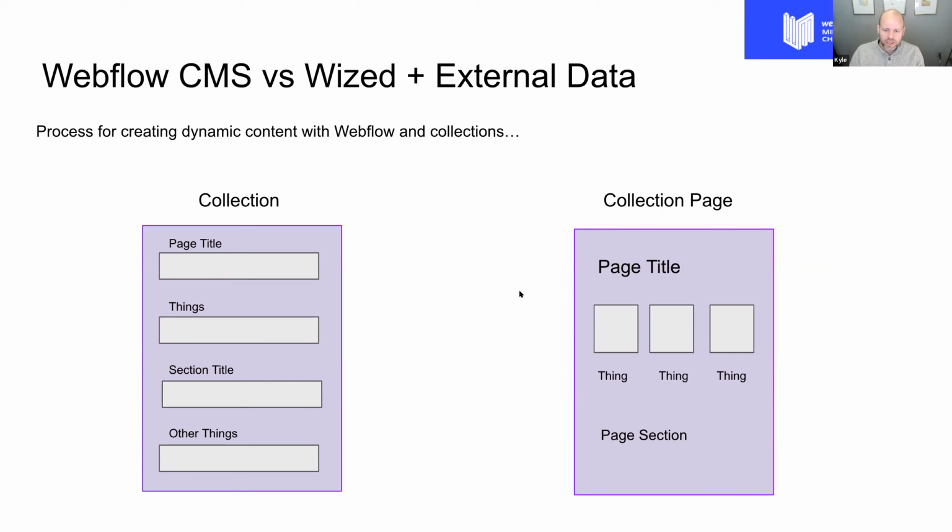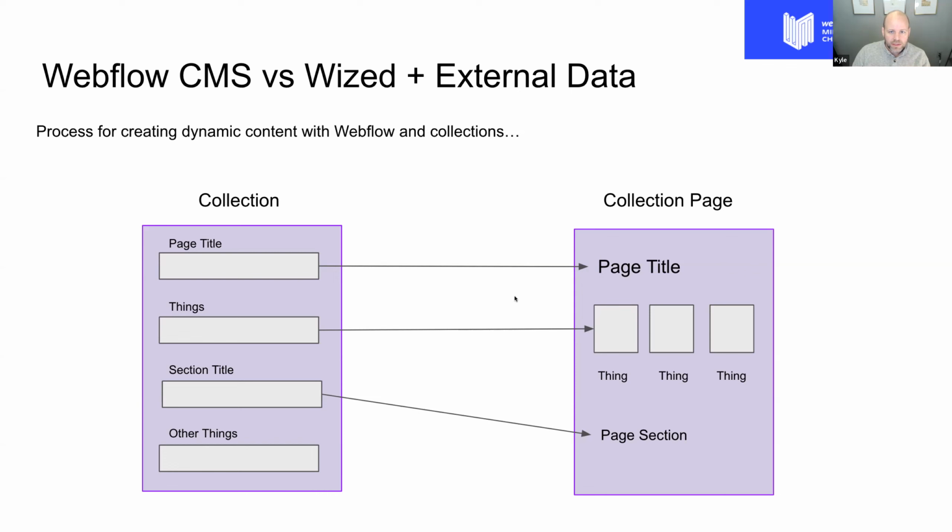Through the little gear, you map it to which collection it is, and then which field in the collection. And so you end up with these dynamic pages. So that's how we get dynamic data from our Webflow CMS into a page on our website.